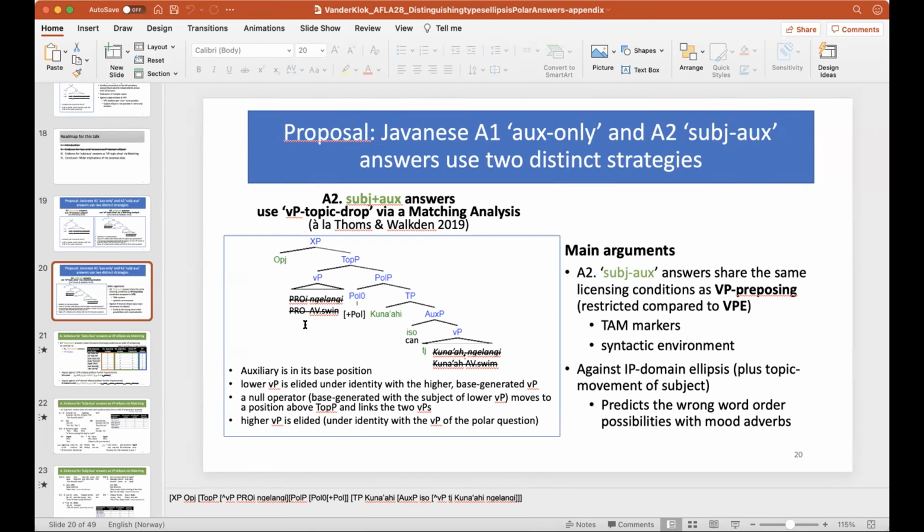If you can get this kind of construction as an answer to a content question, like who can swim, that might suggest that the thing that's sitting in that topic position is interpreted as an unsaturated predicate.